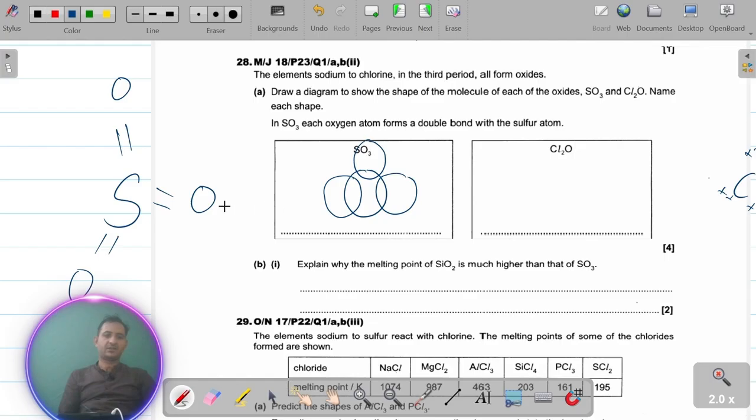Now we have this double bond, 4 electrons, 1, 2, 3 and 4. I'm representing crosses as electrons for oxygen. Each oxygen will have two lone pairs of electrons. Lone pairs mean 4.